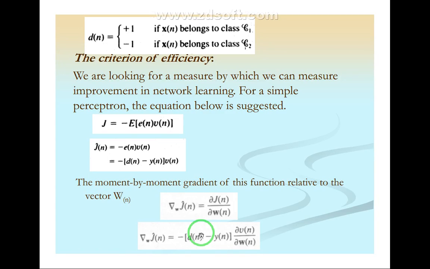And of course this is the criteria of efficiency of the output dn, which is plus 1 if xn belongs to class C1, and minus 1 if xn belongs to class C2.